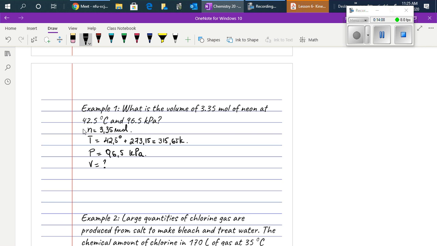Now what we have is PV equals nRT. Another thing that we know is the constant, 8.314. You can use the units or not, but at the beginning it's fine to use the units, so kPa·L over mol·K. And now we are isolating for V here.